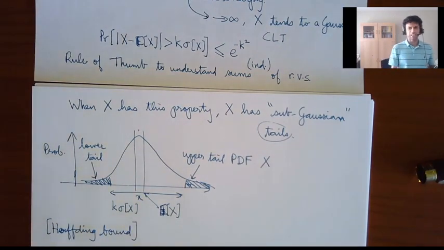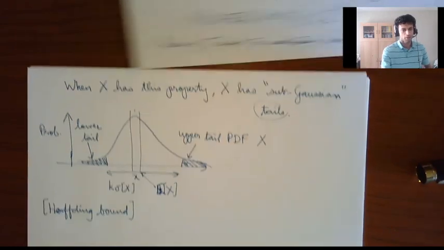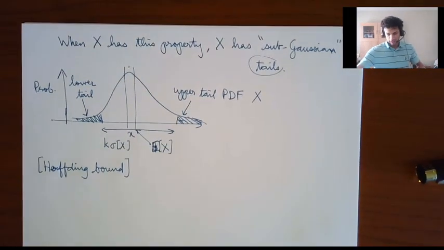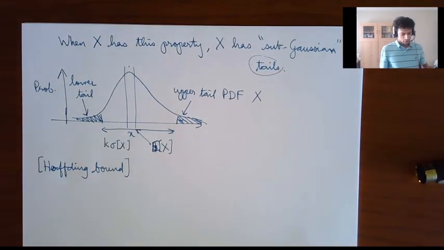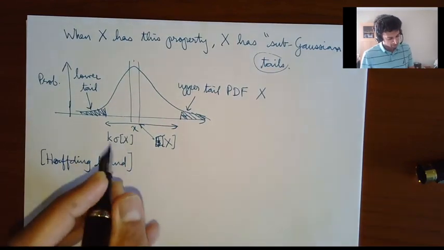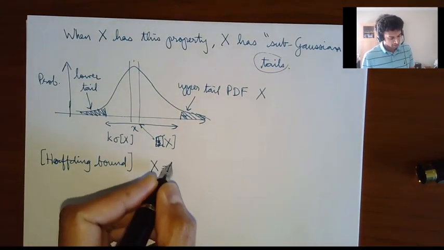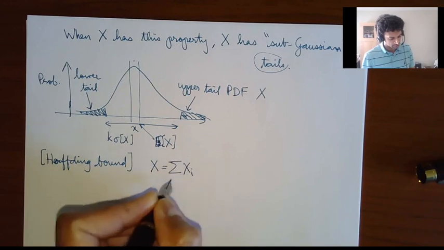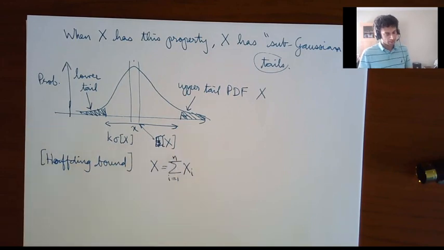Funnily enough, the Hoeffding inequality is really what gives us the tail inequality. So the Hoeffding Bound. So now let's look at x, and let's say x is the summation of xi, i going from 1 to n.